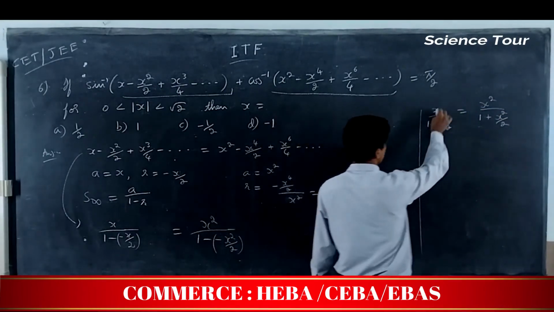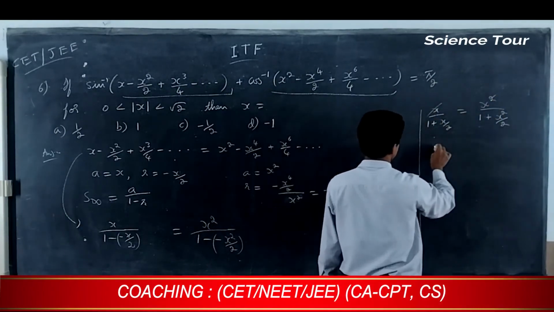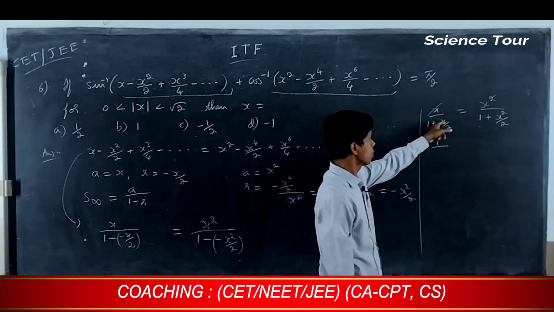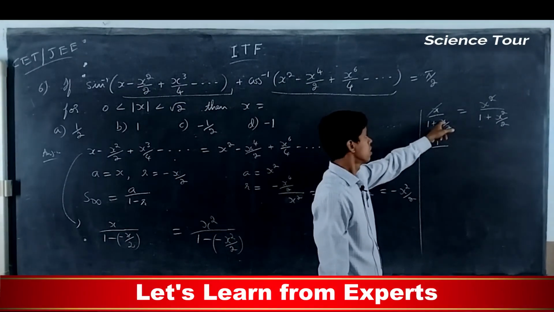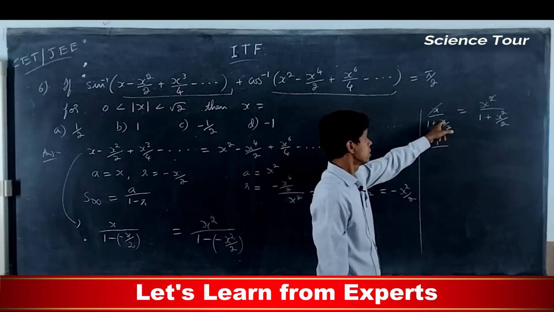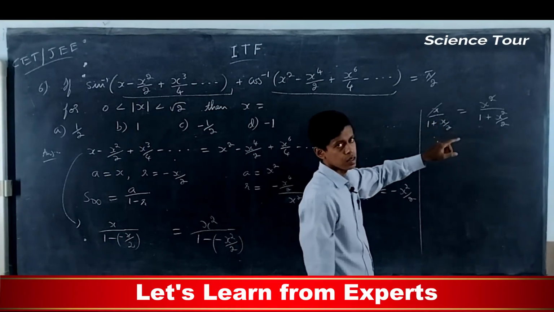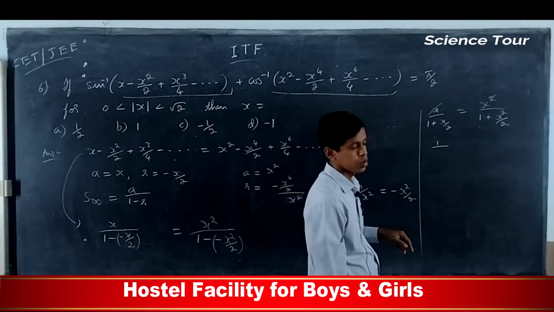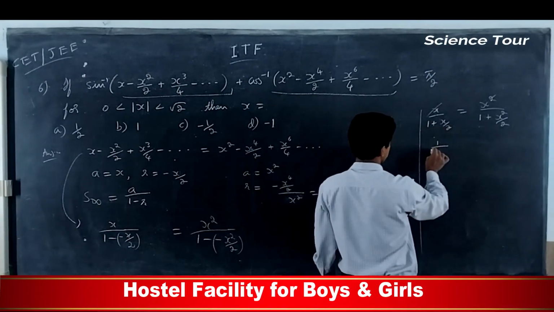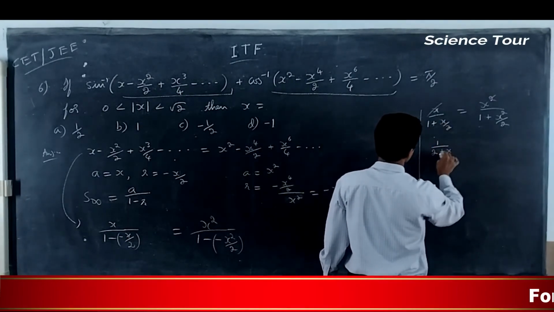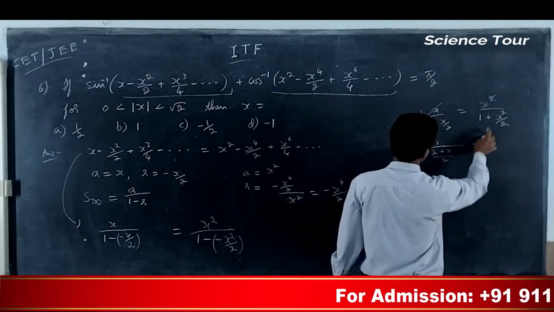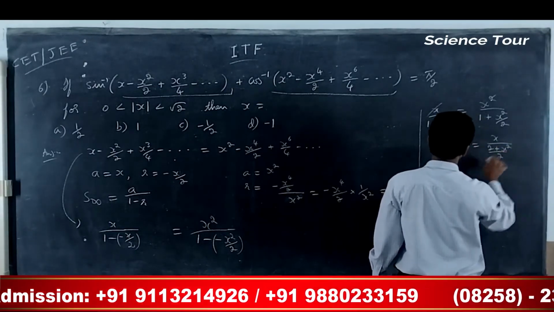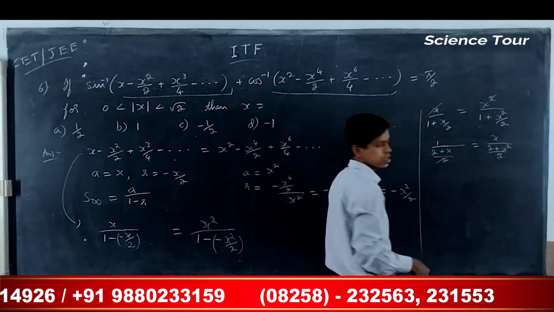Taking the LCM, this is 2 plus x whole divided by 2, equal to x on one side and 2 plus x square divided by 2 on the other. You can cancel out this 2 also.